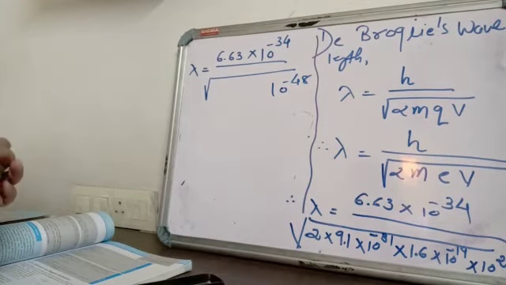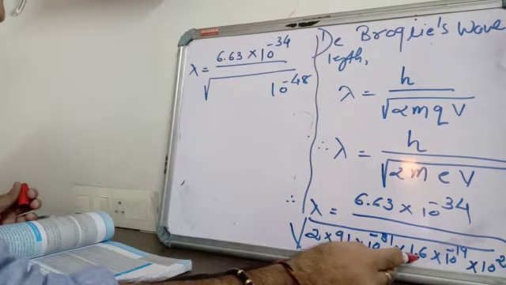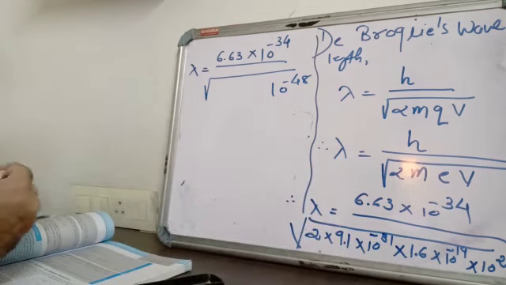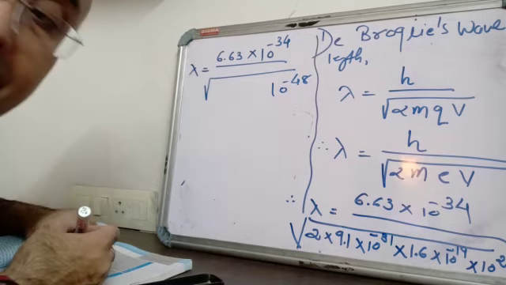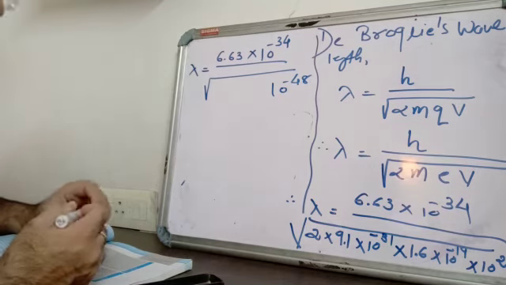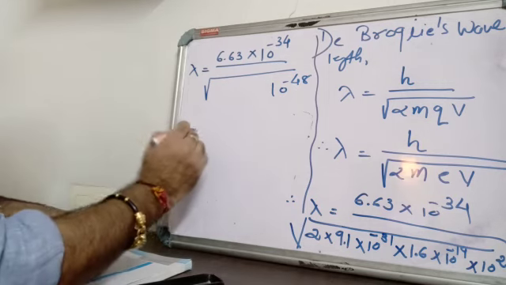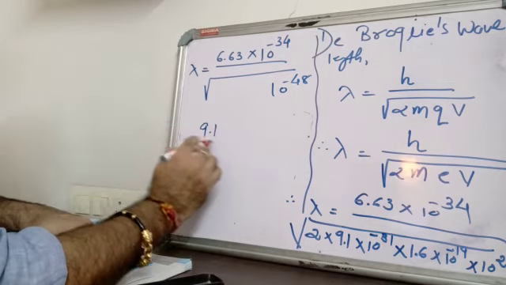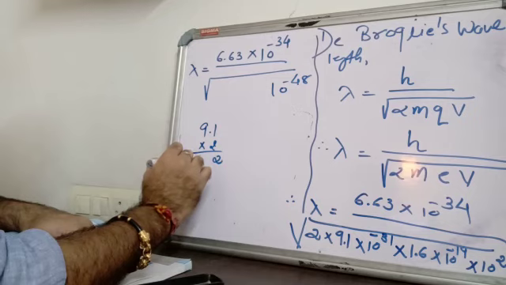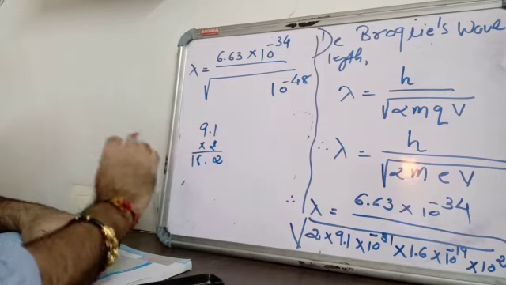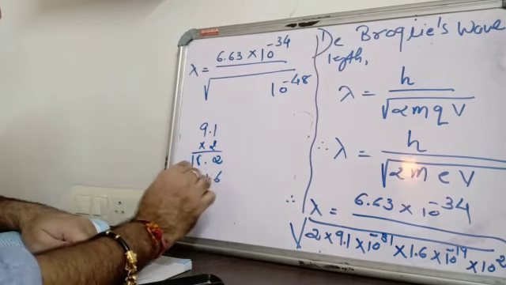Over here, 9.1 into 1.6 into 2. At present I don't have a calculator, so I have to calculate 18.2 into 1.6.